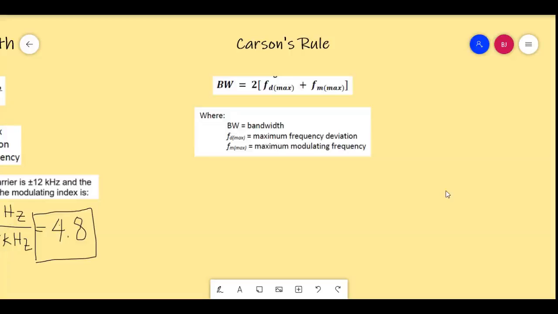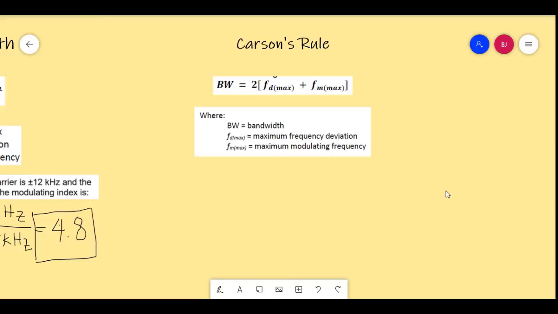So let's now try to determine the bandwidth using what we call Carson's rule. This is a good way of being able to easily approximate the bandwidth of an FM signal using its maximum frequency deviation and maximum modulating signal frequency.